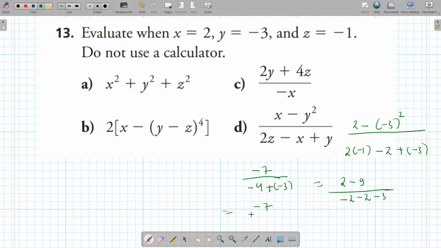So we have -7 over, what's -4 plus -3? -7. Yeah. So what's -7 over -7? 1. Yes. Okay, and there we go.